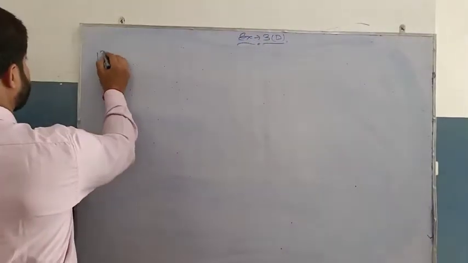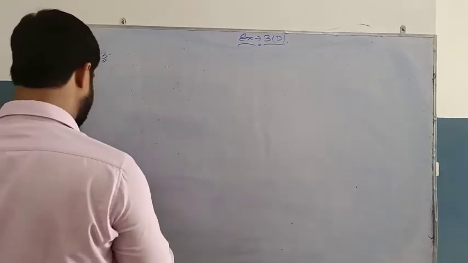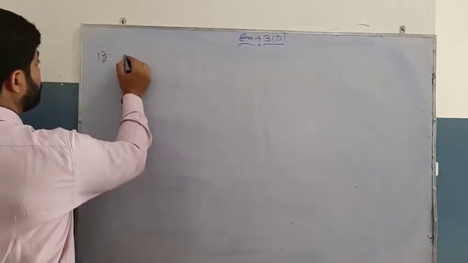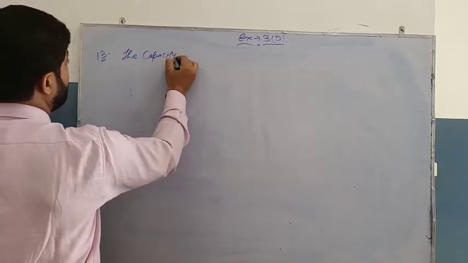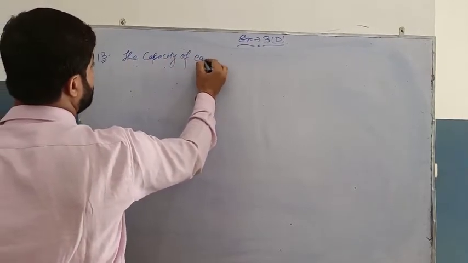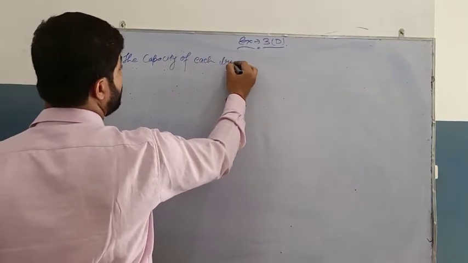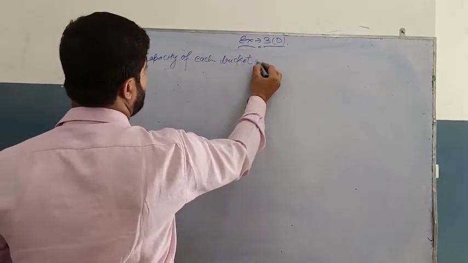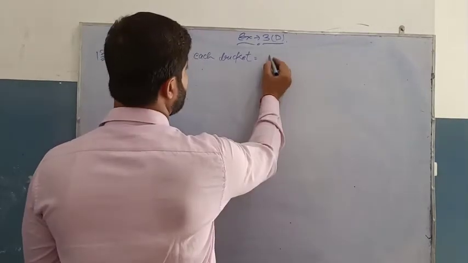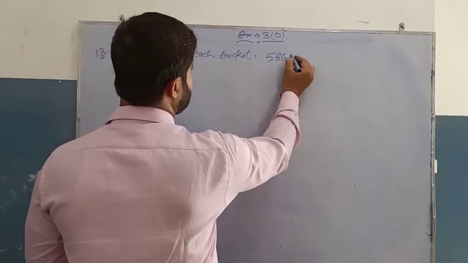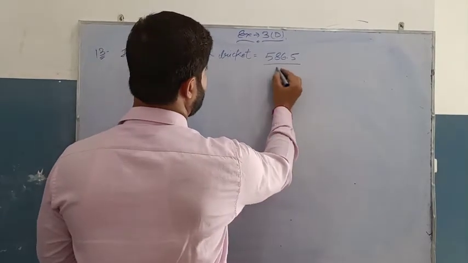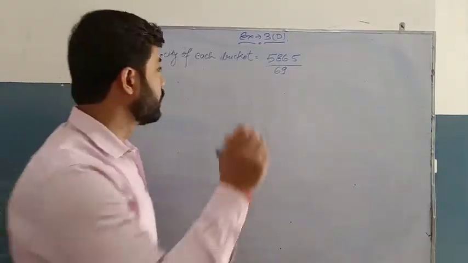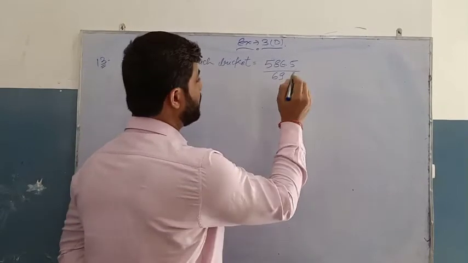So we will write the capacity of each bucket is equal to 586.5 divided by 69.